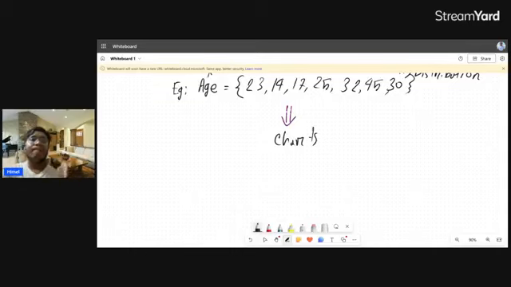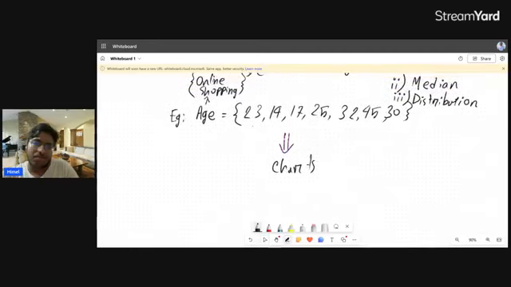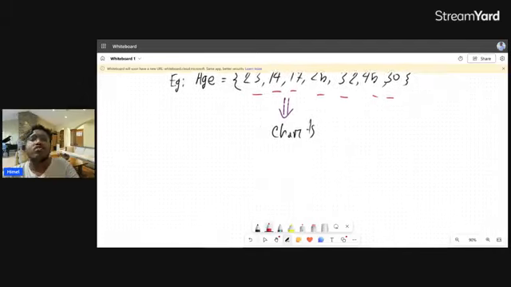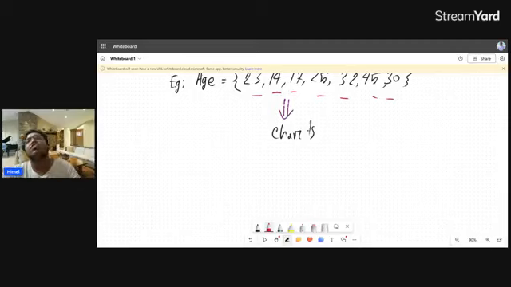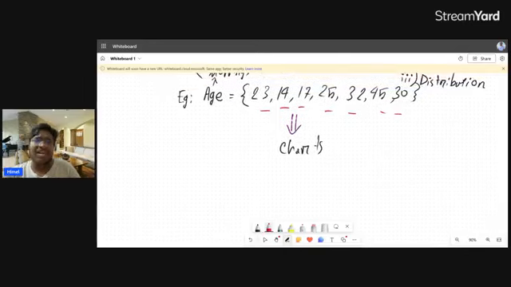If I have a bunch of data, here you can see we have 23, 14, 17, 25, 32, 45, 30. Let's say this is a tiny dataset, right? When you are working in ML, you will see thousands or millions of data points, so it will be hard for you to calculate.